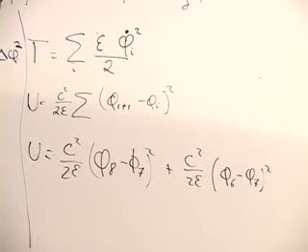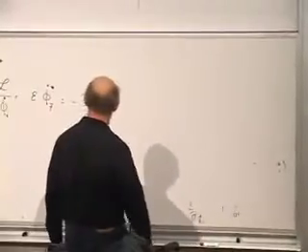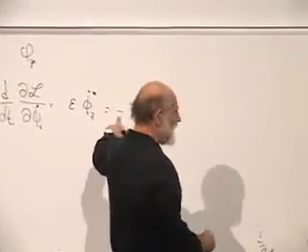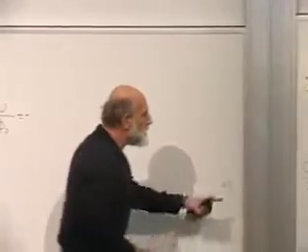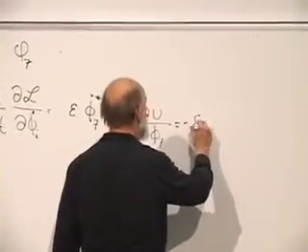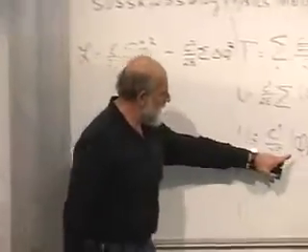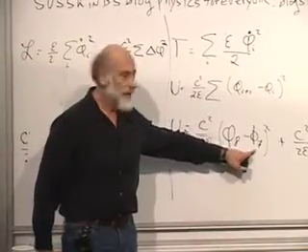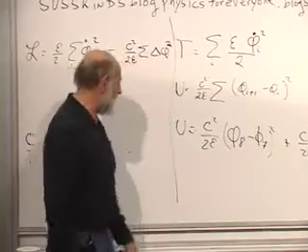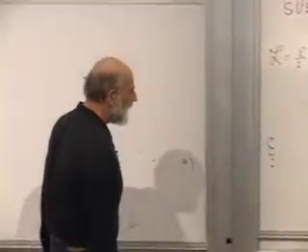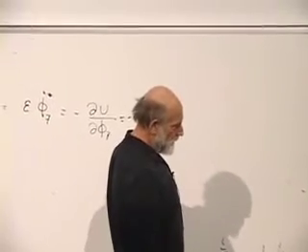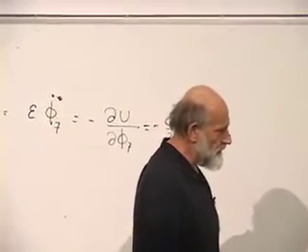Now we have to write here du by d phi 7. Du by d phi 7, first of all, contains c squared, the minus sign from the defining minus sign over here. And now c squared over 2 epsilon times the derivative of this thing here with respect to phi 7. What's the derivative of this with respect to phi 7? Well, it's twice phi 7 minus phi 8.